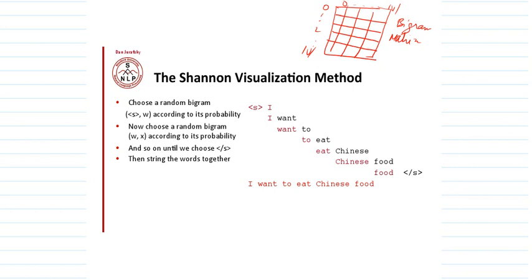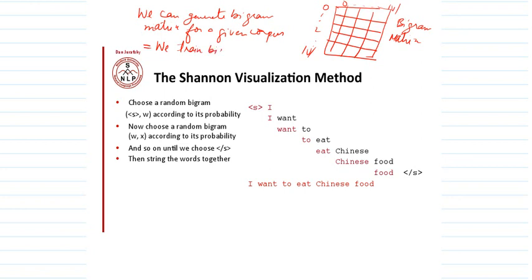In more technical terms, this is equivalent to saying that we train bigram probabilities on a given corpus.